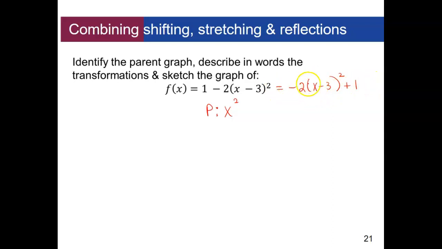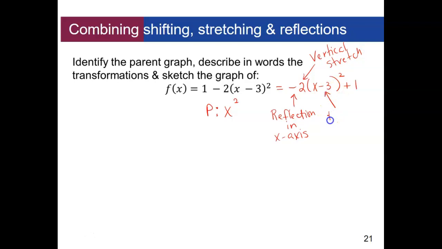So when I look at this, I see a few things. I see here this negative is going to be a reflection in the x-axis. The 2 here is going to be a vertical stretch.